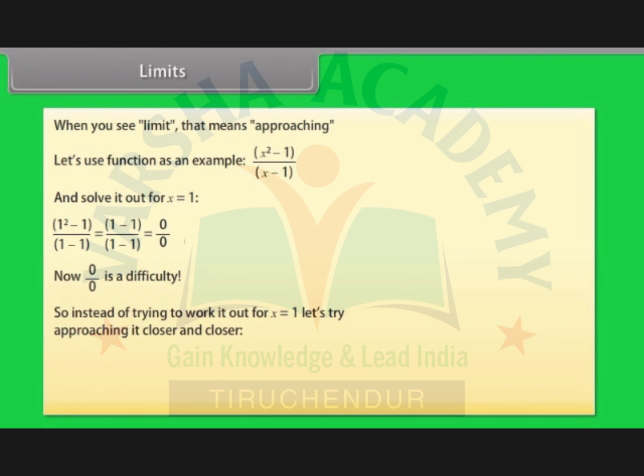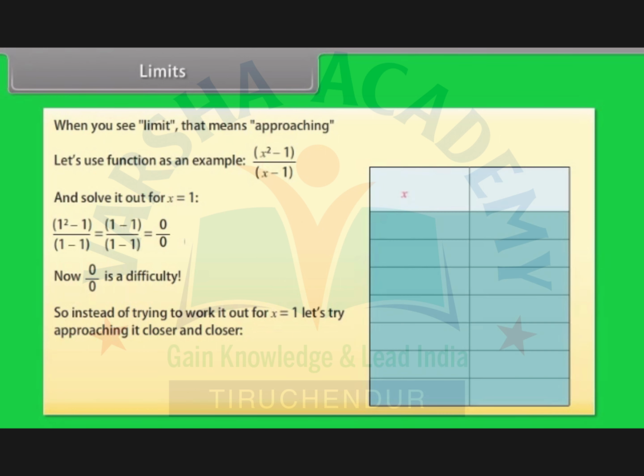So, instead of trying to work it out for x is equal to 1, let's try approaching it closer and closer. For x is equal to 0.5, the value of the function is 1.50000. For x is equal to 0.9, it is 1.90000. For x is equal to 0.99, it is 1.99000.